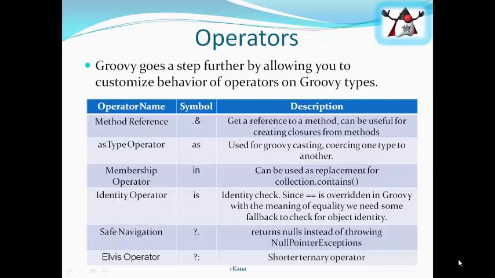Then we have the identity operator, which is an identity check. Since equals is overridden in Groovy with the meaning of equality, we need some fallback to check for object identity. So is there. Then we have safe navigation, which returns null instead of throwing null pointer exceptions. Then we have the Elvis operator, which is a shorter ternary operator.